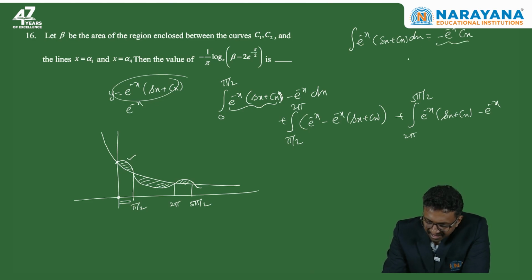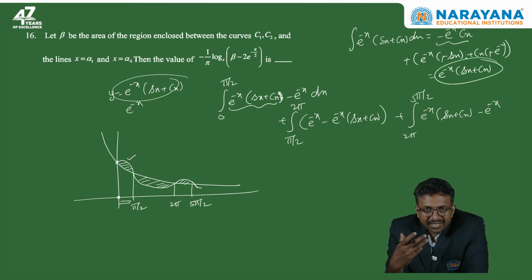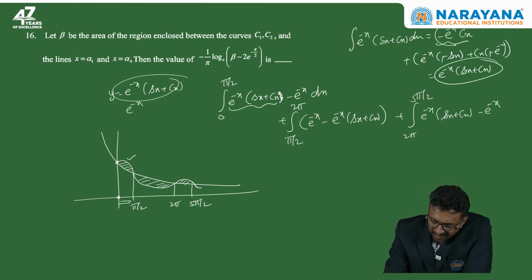If you differentiate this, you'll get e power minus x into minus sin x plus cos x into minus e power minus x. So minus and minus will get cancelled, and you get e power minus x into (sin x plus cos x). So this is a formula that you usually remember. E power minus x into (sin x plus cos x) integrates to minus e power minus x into cos x. If you apply this formula, it will be quite easy.